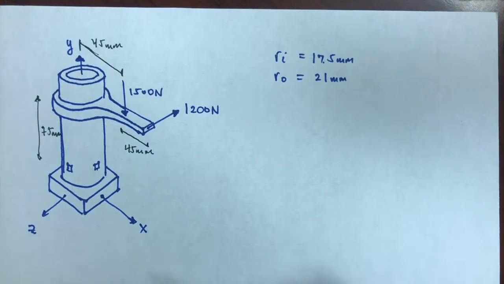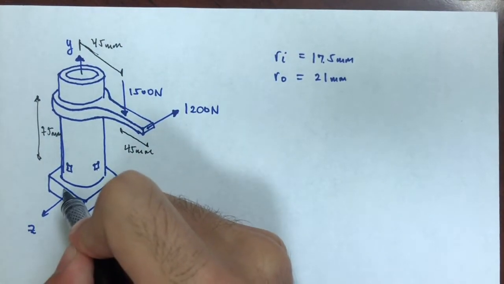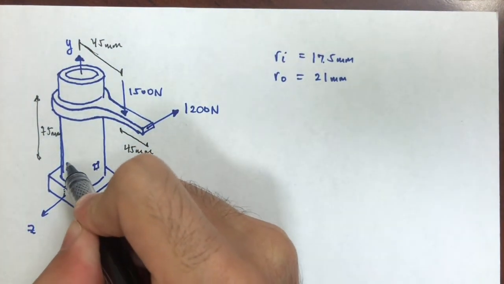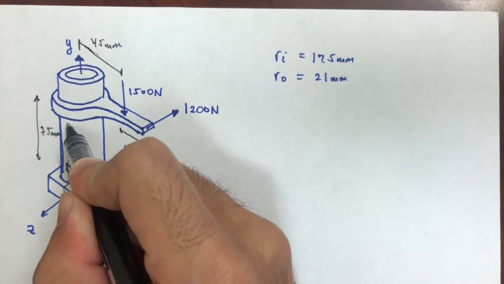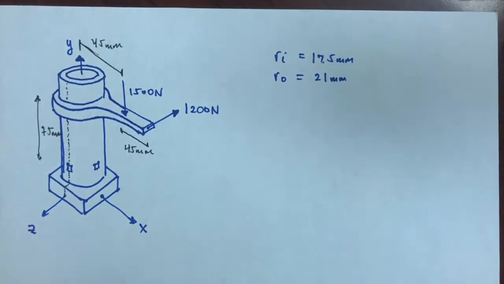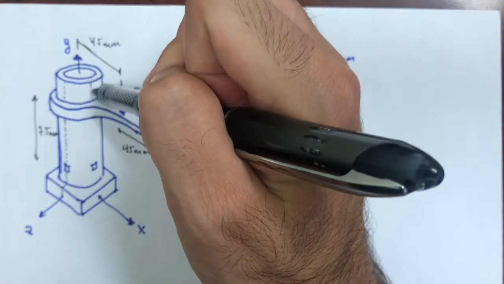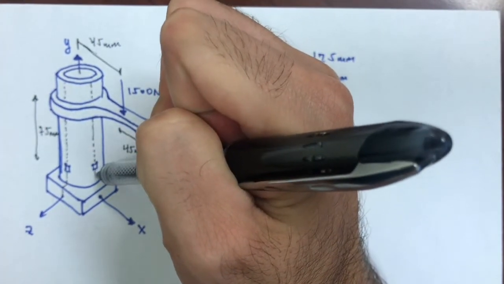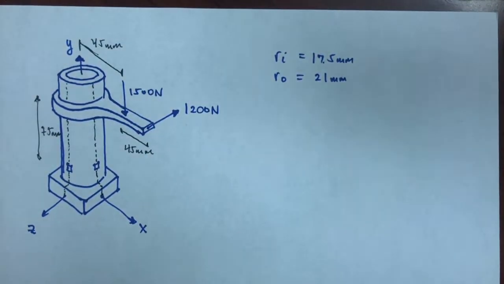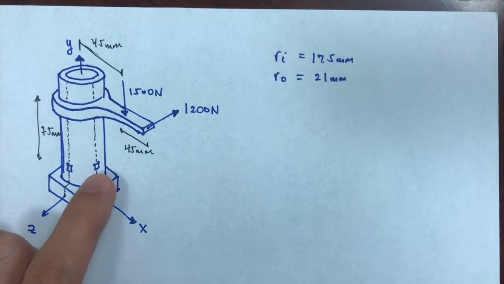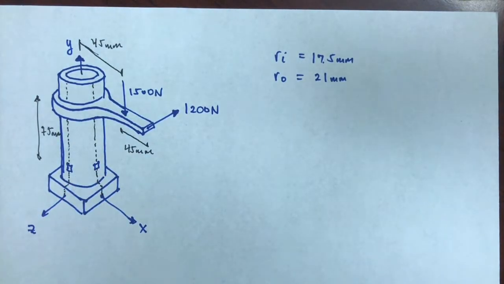Of course, A would be facing towards the Z direction, like this, and B would be facing towards the X direction. I want to know where the principal stresses are there.